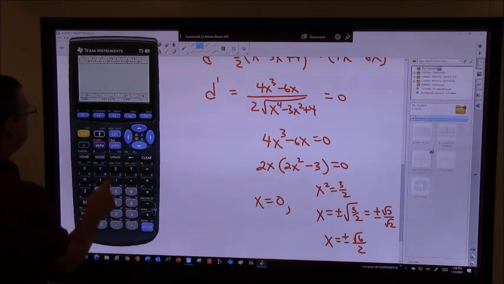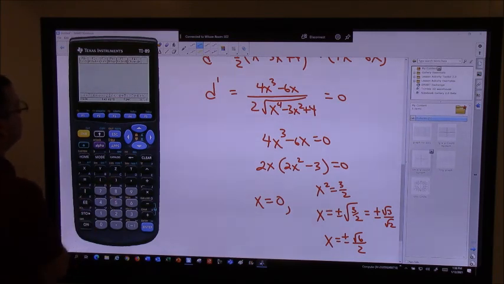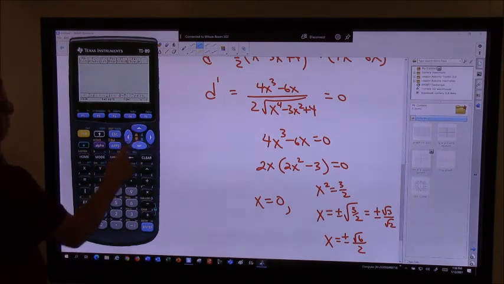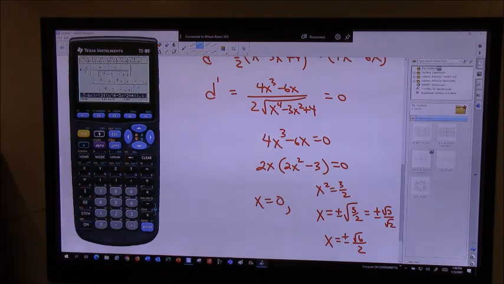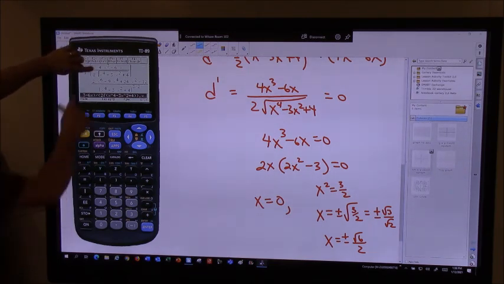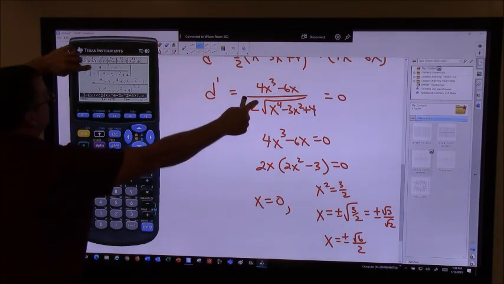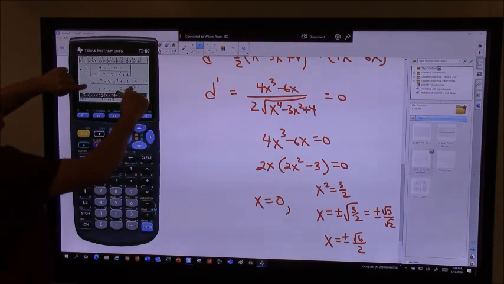Close parenthesis for the square root, close parenthesis for the denominator. And I want the derivative with respect to x. Oh my, that is ugly. All right, so the derivative of this is what I have written here, right? So there's my derivative.